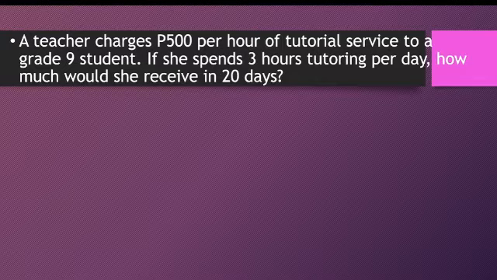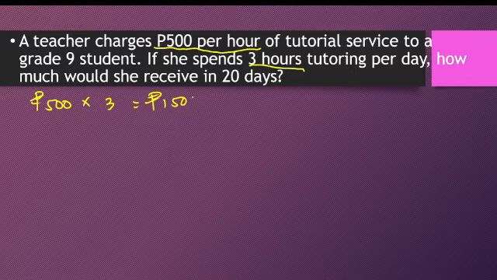So, tingnan muna natin magkano ba nakukuha niya per day. Kasi kung per hour ay 500 pesos, tapos sa bawat araw, nagtuturo siya ng 3 hours. So, meaning, multiply lang natin yung 500 by 3. Kasi nga 3 hours. So, that is 1,500.